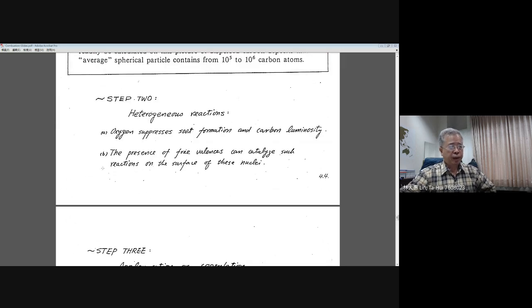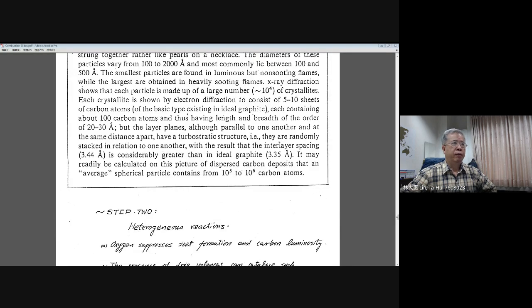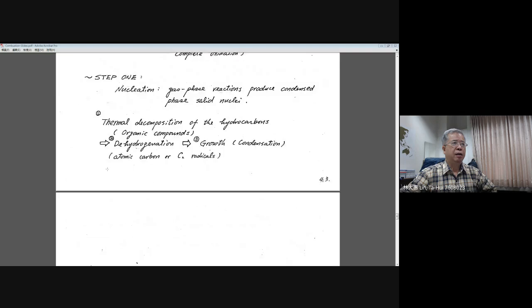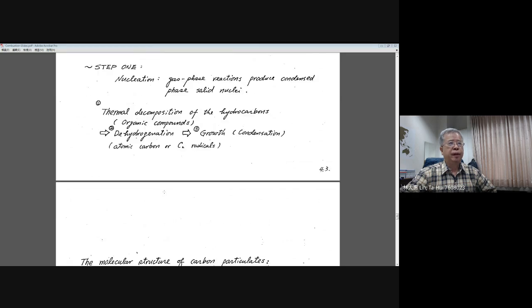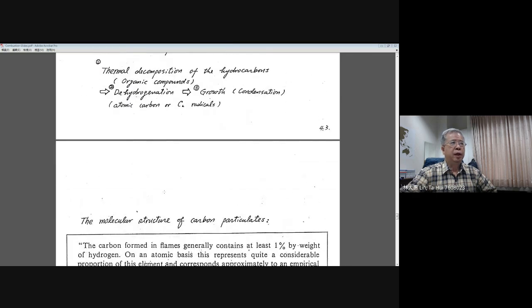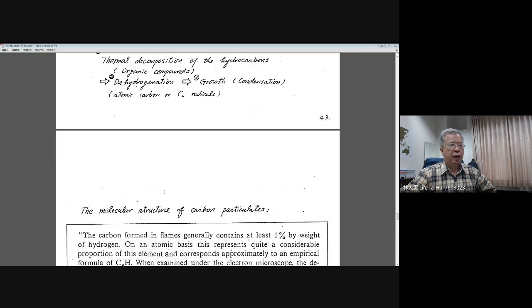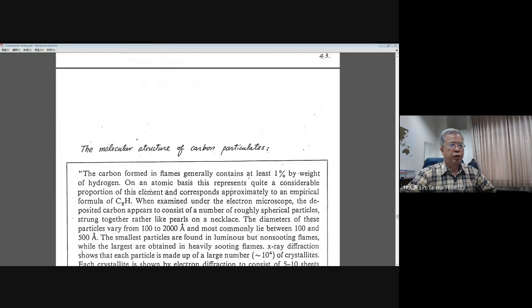Okay, if we give some concluding remarks for these three steps, the first step basically tells you how the carbon particles are newly created through those processes. They are controlled by the chemical reactions, through the decomposition of the hydrocarbons and also dehydrogenations, and those are controlled by the chemical reaction rate.